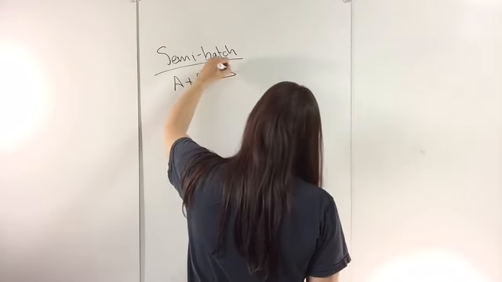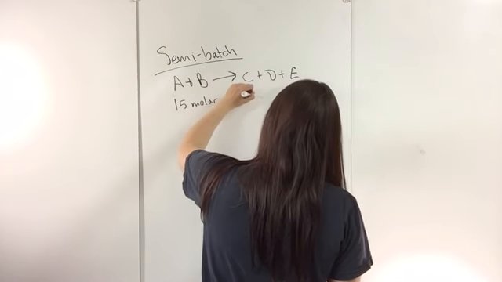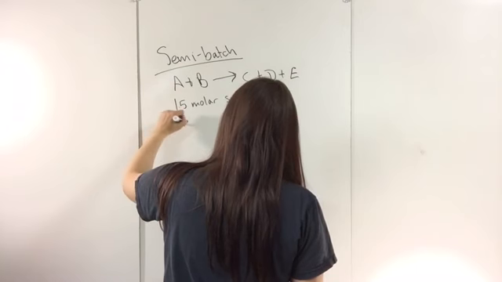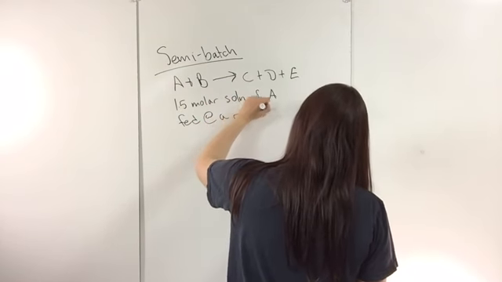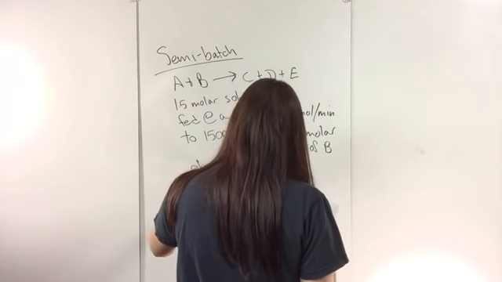So let's say you have A plus B goes to C plus D plus E. You have a 1.5 molar solution of A fed at a rate of 0.1 mole per minute to 1500 dm cubed of 0.75 molar solution of B. It's elementary, isothermal.